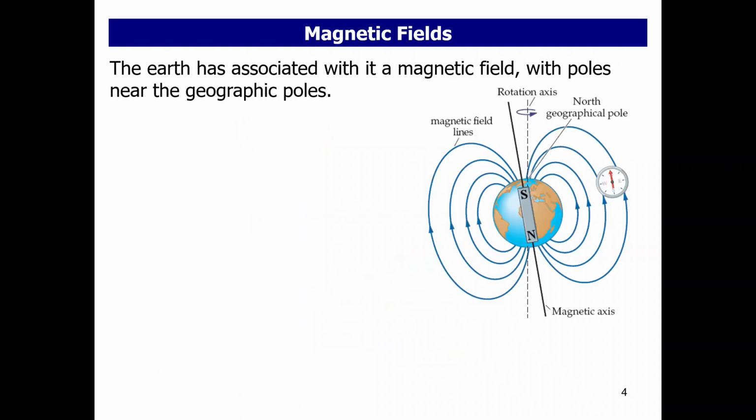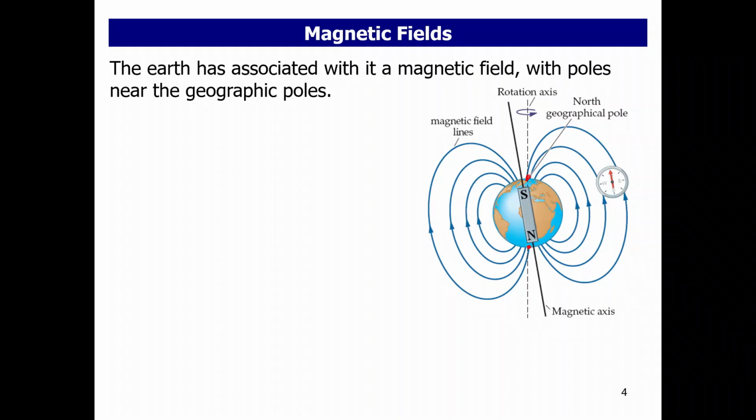The Earth itself has a magnetic field with poles that are located near the geographic poles. It's just weird because they're opposite. We know that our north geographic pole is up here, somewhere in the Arctic Circle, and our south geographic pole is down there.